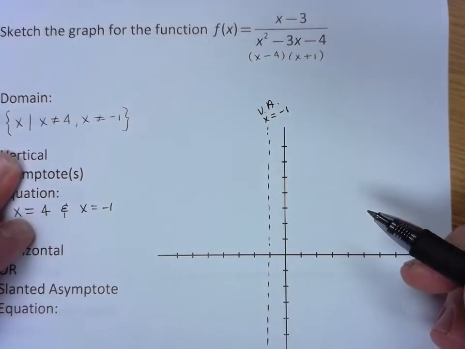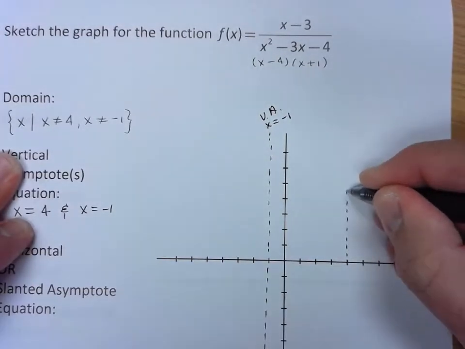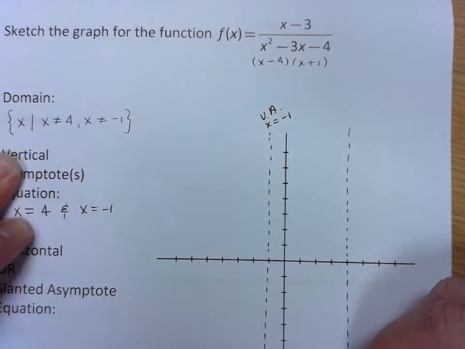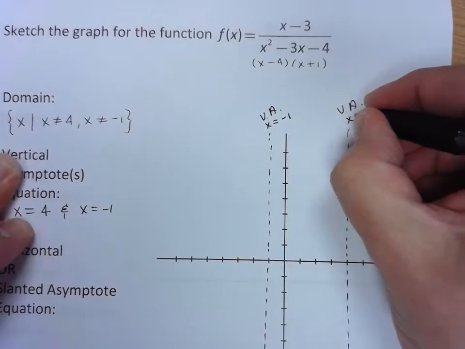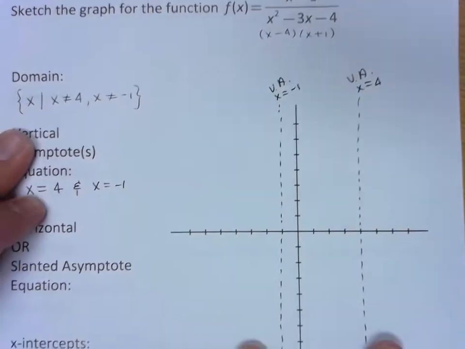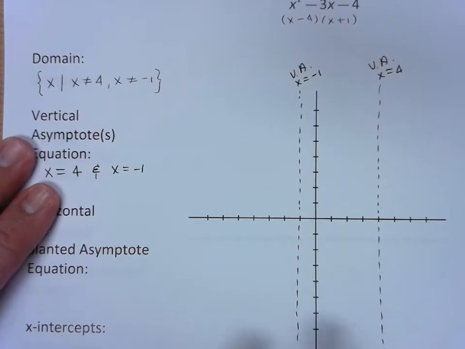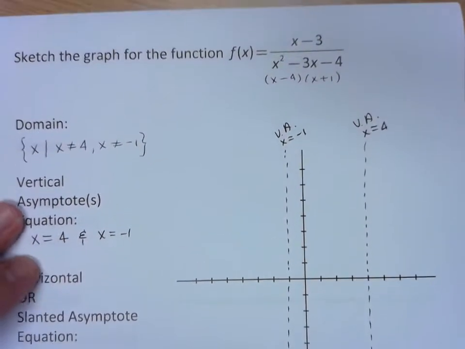I have another vertical asymptote over here at x equals 4. So I'll draw another dotted vertical line through the value x equals 4. And note that that's a VA at x equals 4. So that way, when I start to make the graph, I know that this is where the infinity jumps should occur for this function. Okay? So we'll build the graph as we go through.